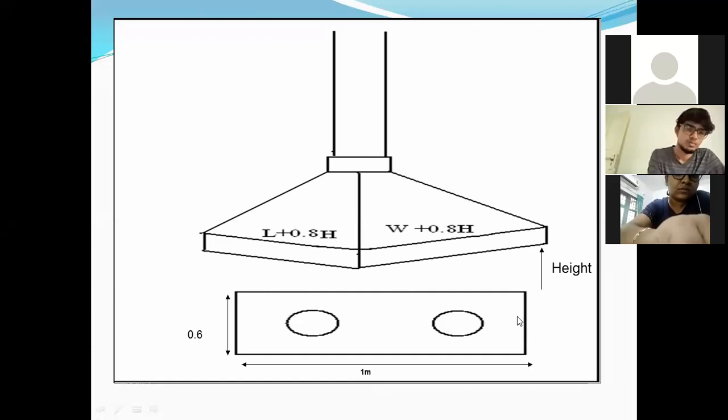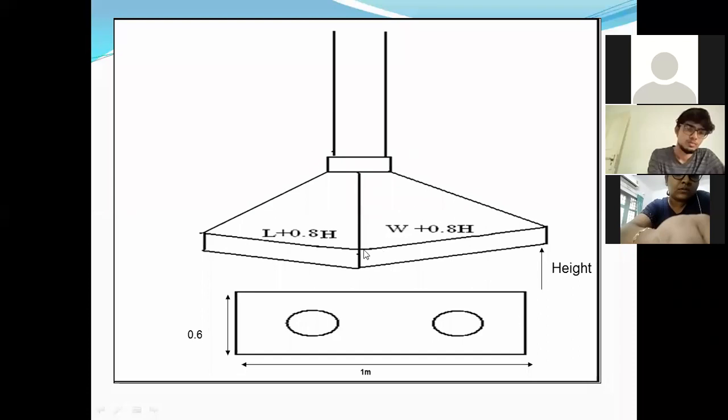The normal height is in a range of 0.8 to 1.2 meter between the bottom of the kitchen hood and the top of the stove. This gap between the kitchen hood and the stove is the height.